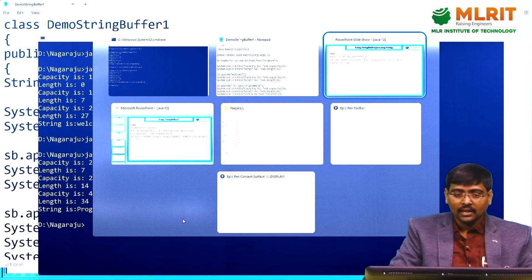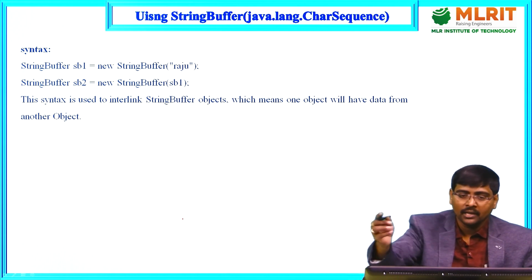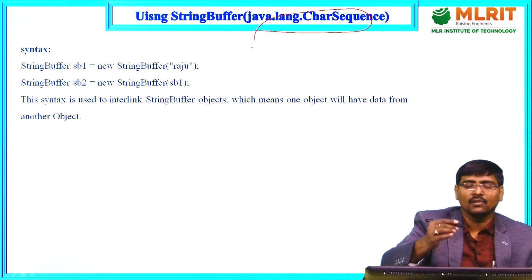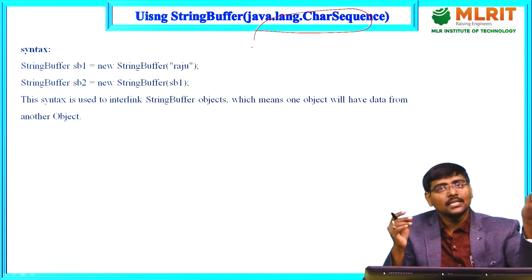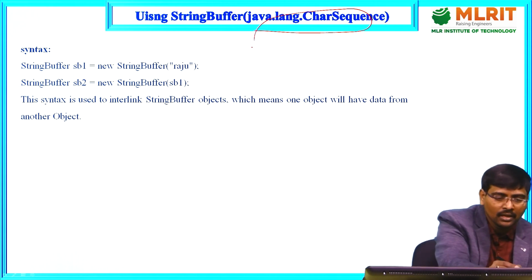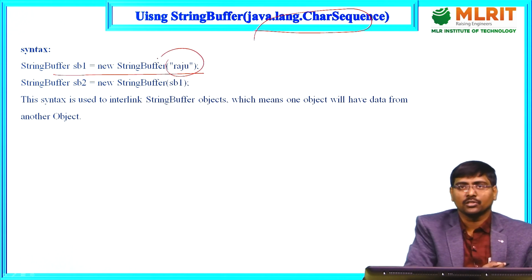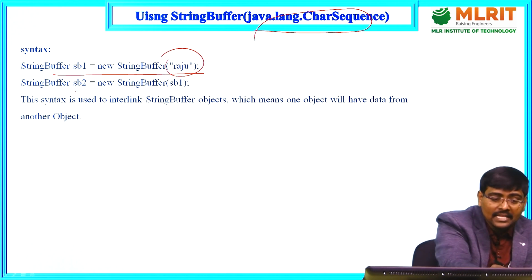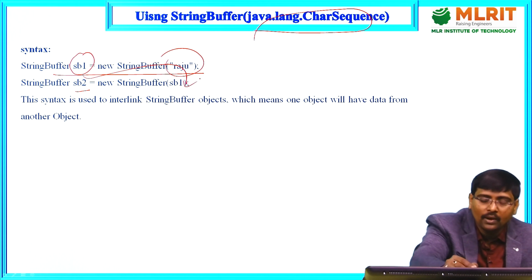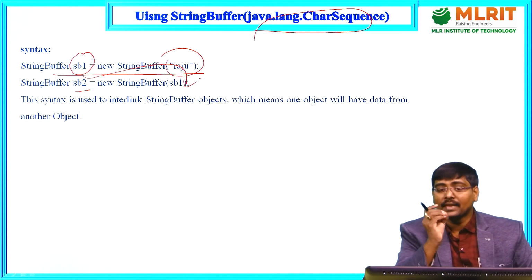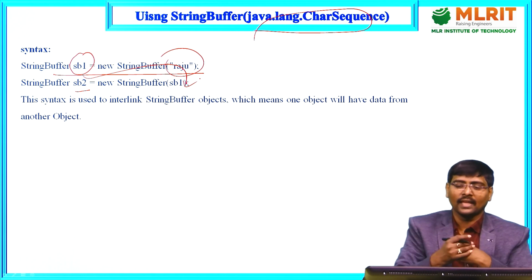Okay. Finally, the last one, creating the string buffer object by using a character sequence. What is meant by this one? Create one string buffer, and from that existing buffer, create another. See this one? Here I create SB1 which consists of the string Raju. Now create SB2. How is SB2 created? By passing SB1 as the parameter, character by character, R, A, J, U, like this.